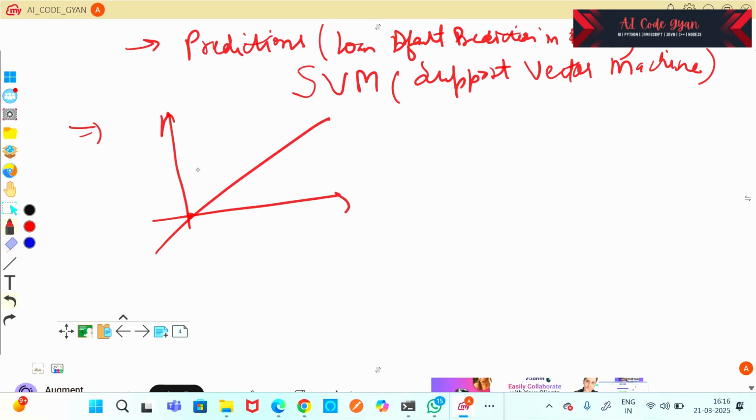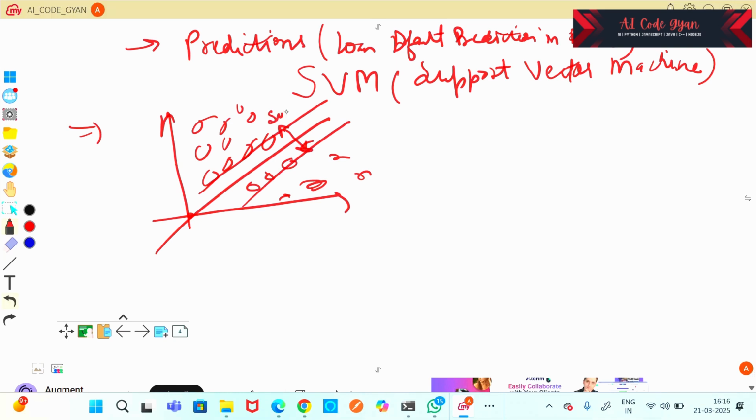So we have data of dogs here, and we have data of cats here. So we need to recognize them. We choose two ends of the data set which are called support vectors, so that the gap between these two, which is called the margin, is maximized.